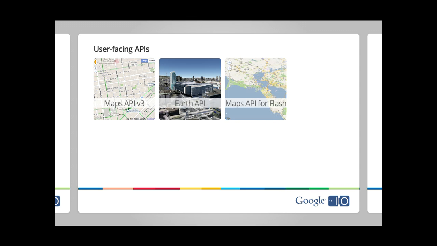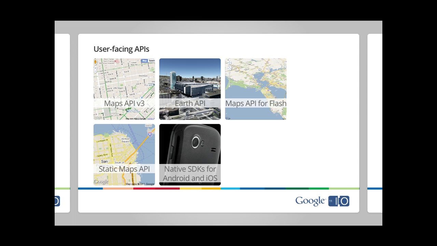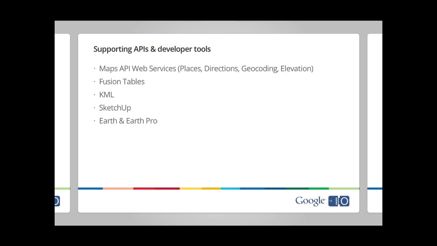There's a Maps API for Flash, for any ActionScript developers in the audience. We have a Static Maps API, which we'll also talk about today. And then for Android and iOS devices, we have a native SDK that you can use for mapping if you're building a native application. But there's more than just these user-facing APIs. There's a suite of developer tools supporting APIs within geospatial at Google that support you as a developer in building these applications.